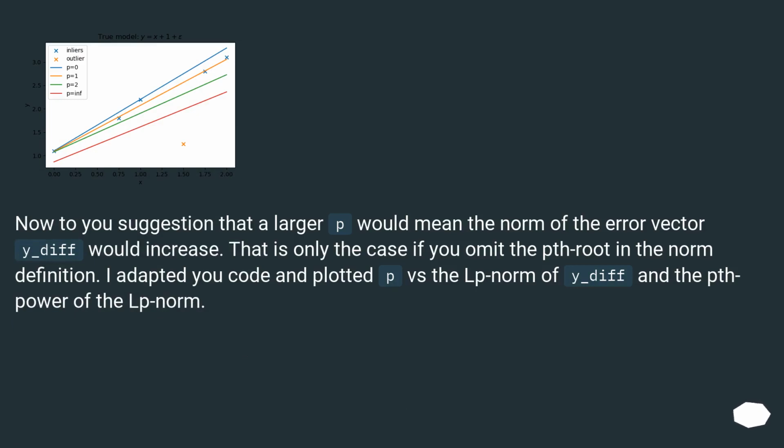Now to your suggestion that a larger p would mean the norm of the error vector y_diff would increase. That is only the case if you omit the pth root in the norm definition. I adapted your code and plotted p versus the Lp norm of y_diff and the pth power of the Lp norm.